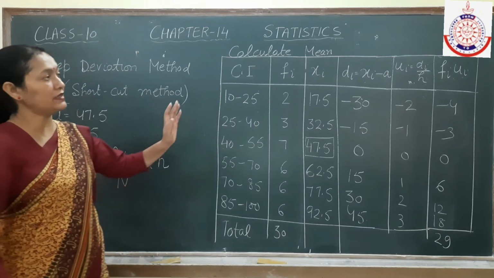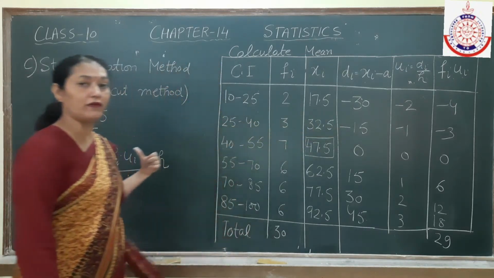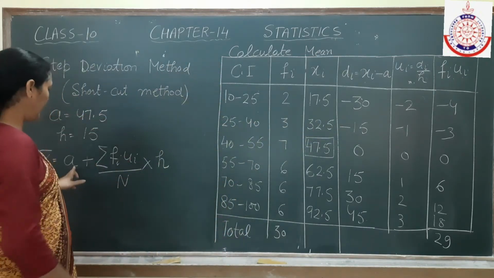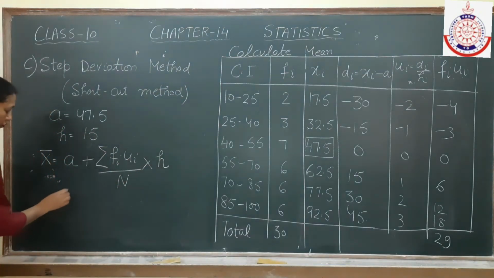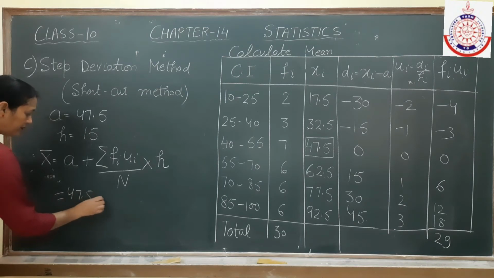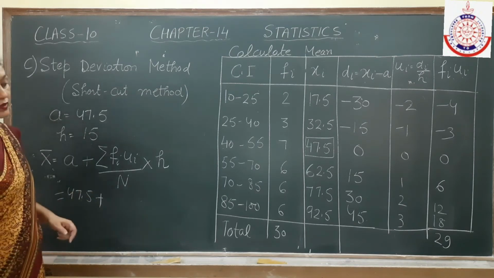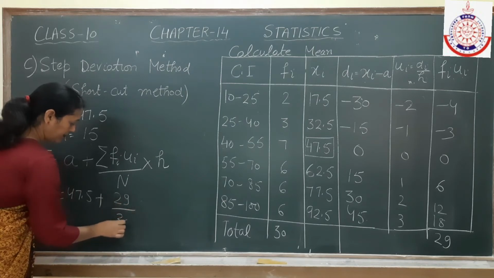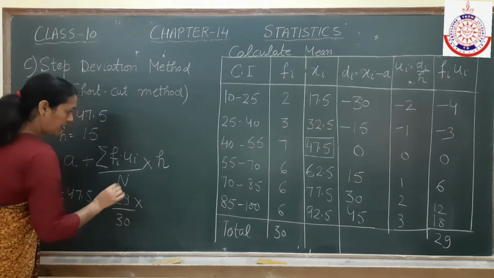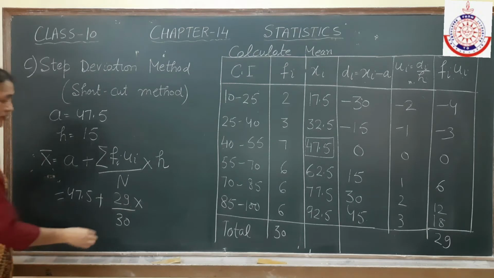Whatever step is taken here, the reverse of that will be taken here. Subtracted, added, divided, multiplied. So 47.5 plus 29 divided by 30 into h. h is 15.